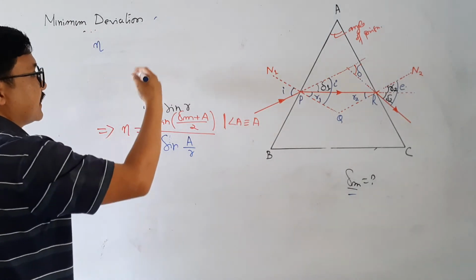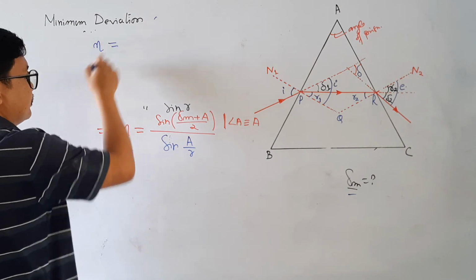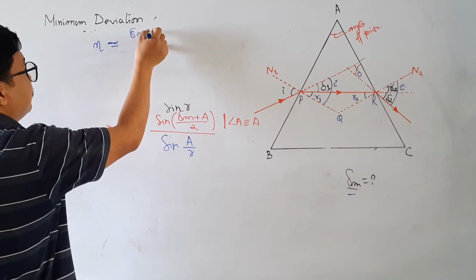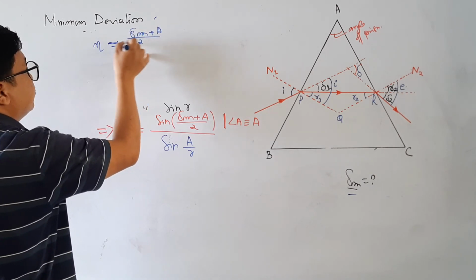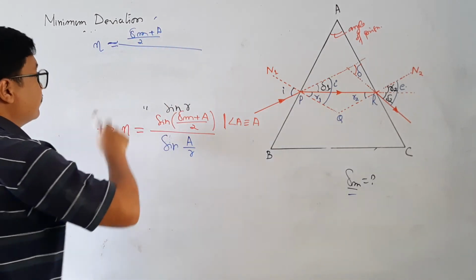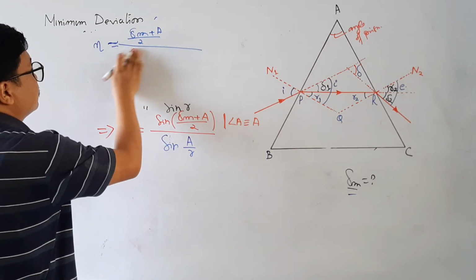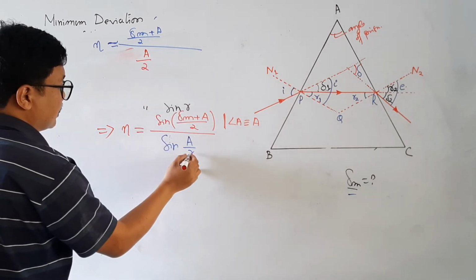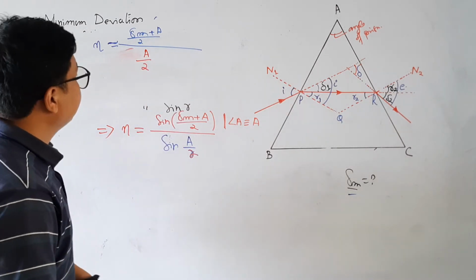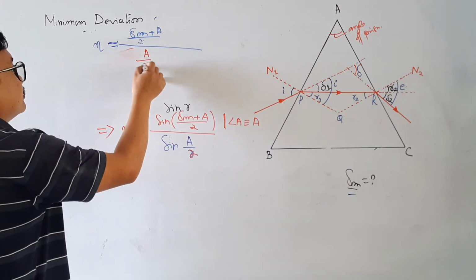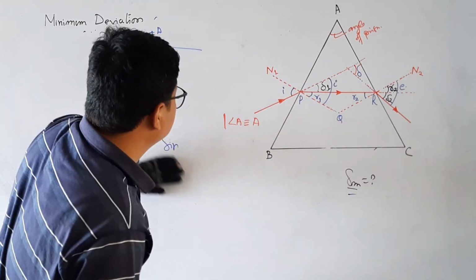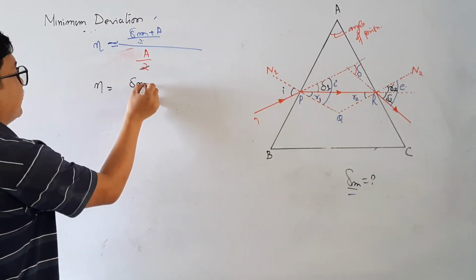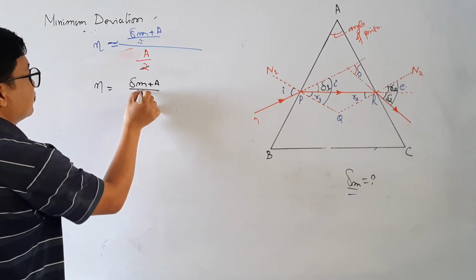For a small angle at minimum deviation, sine is going to give me almost equal to delta M plus A whole divided by 2, whole divided by A by 2. So this is 2, not R. Then this denominator 2 and this denominator 2 will be cancelled. Now if this gets cancelled, then N is equal to delta M plus A divided by A.